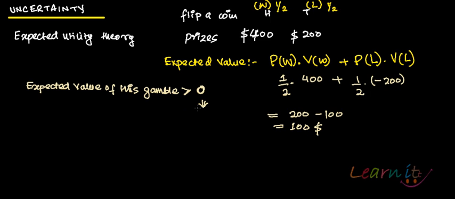Gambles which have an expected value equal to 0 are called fair gambles or fair bets. This is definitely better than a fair bet. As you can see, you're getting an expected value which is greater than 0.